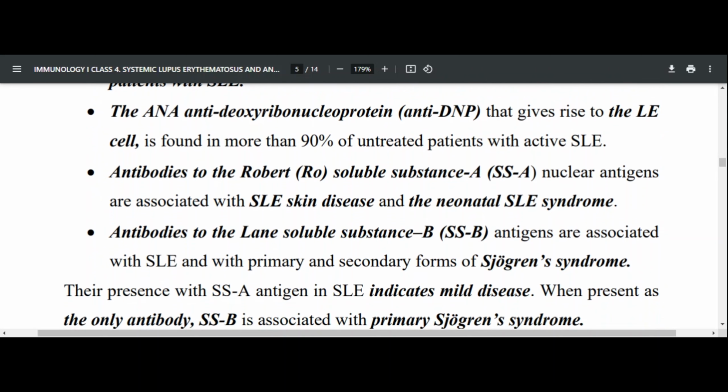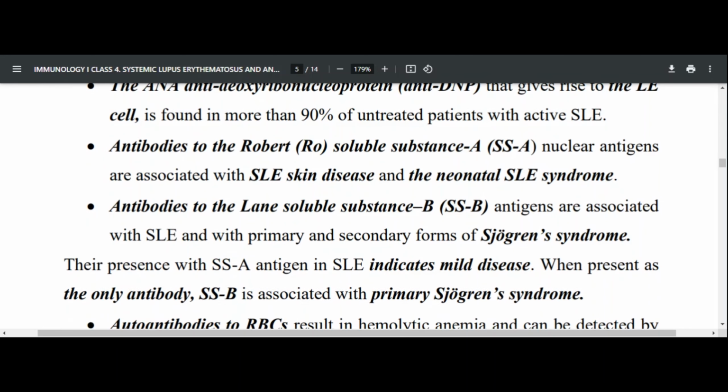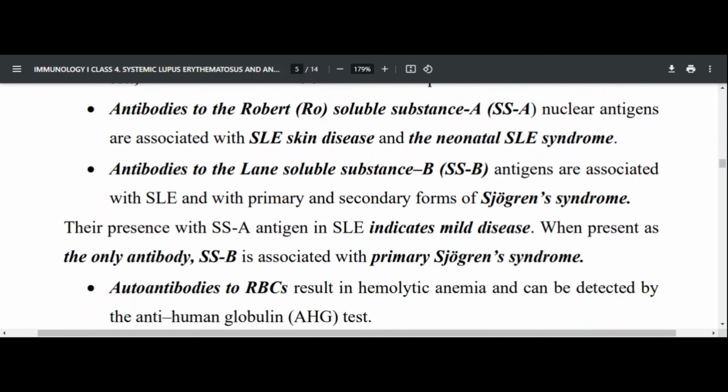Neonatal lupus, you remember, we find the anti-Ro and anti-soluble substance A. So they are also found in systemic lupus, but in the form of neonatal lupus. Antibody to the La, soluble substance B, is associated with systemic lupus with primary and secondary forms of Sjogren syndrome. So remember Sjogren syndrome.